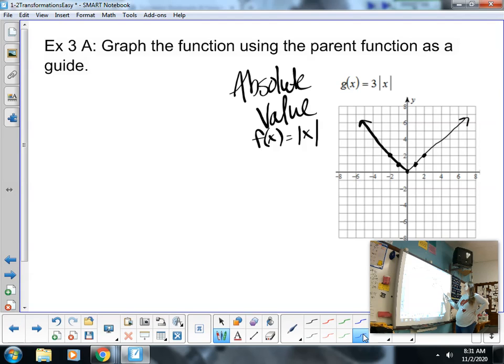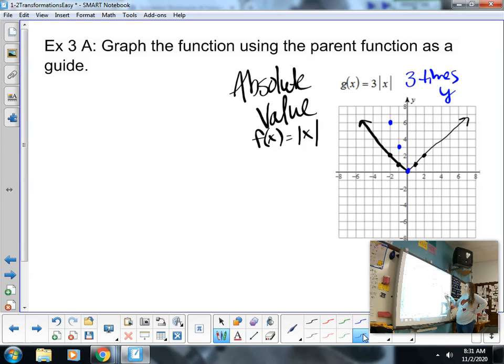So instead of being at the point negative 2, 2, this is going to be at the point negative 2, 6, because it is 3 times the y value. The point negative 1, 1 is now going to be at negative 1, 3, because the y value of 1 times 3 would give me 3. 0 is going to remain the same, because 0 times 3 is still 0.